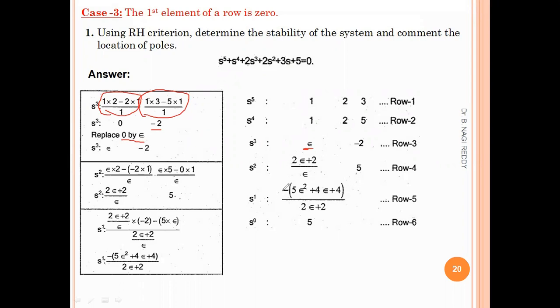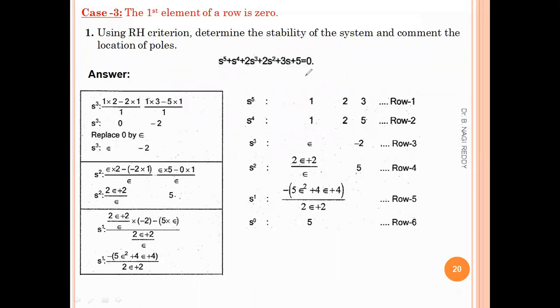After completing this, what you should do is finally replace epsilon with 0 for determining the stability as well as for commenting on the roots. Simply substitute epsilon as 0 after completion of constructing this Routh array.